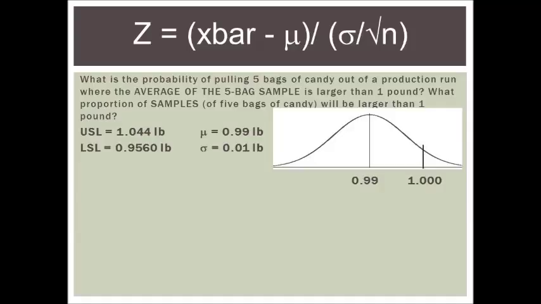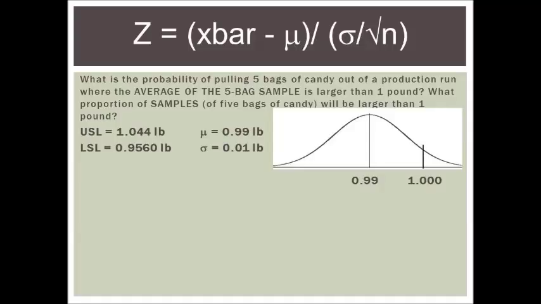So we are comparing our average sample to the number 1 pound. Therefore, x bar in the formula will be 1 pound. It's the number that we want to compare our sample to.